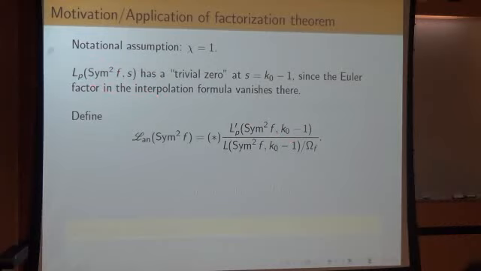So this thing is 0 for a silly reason, namely you multiplied it by 0. So when you have a 0, you should ask what's the value of the derivative. So what we define to be the analytic L-invariant, following the notation I described in my last lecture, is basically the derivative at that point with a trivial zero, so at k0 minus 1, normalized by dividing out by the algebraic part of the classical symmetric square.